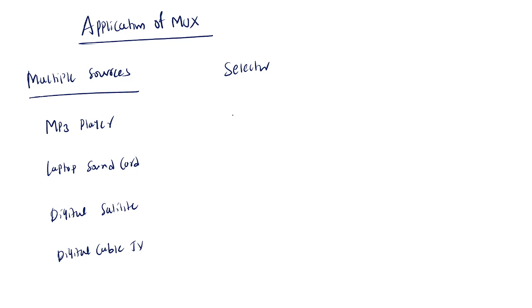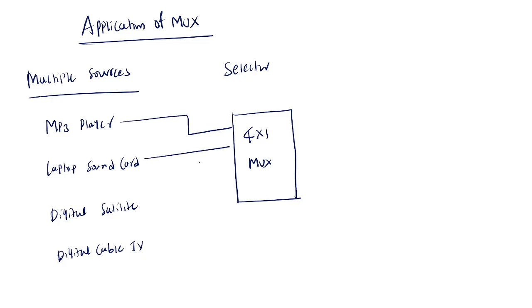So here I can use a 4 cross 1 MUX. These inputs are given to this 4 cross 1 MUX, and you have two selection lines. Let us take the selection lines as B and A. So select the source.